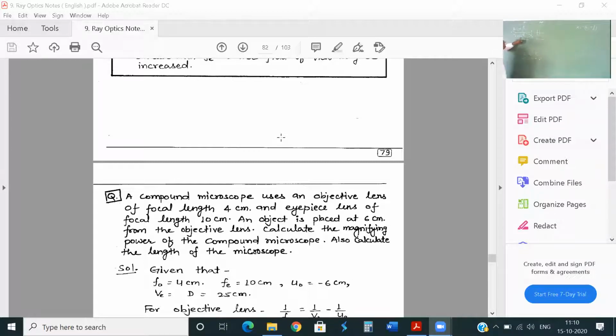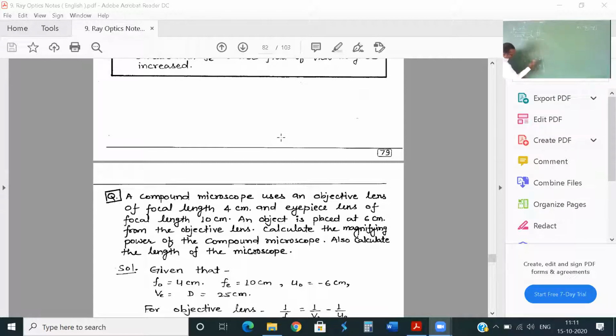So you get 1 by V0 plus 1 by 6 is equal to 1 by 4.